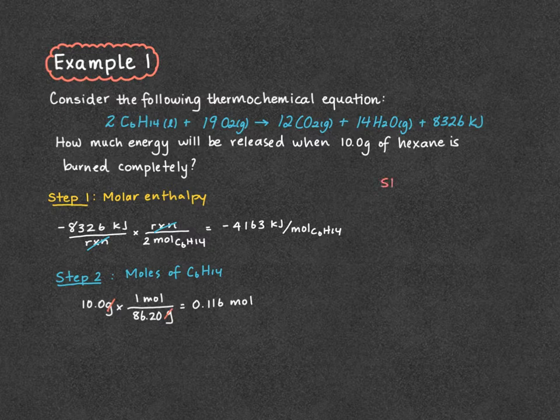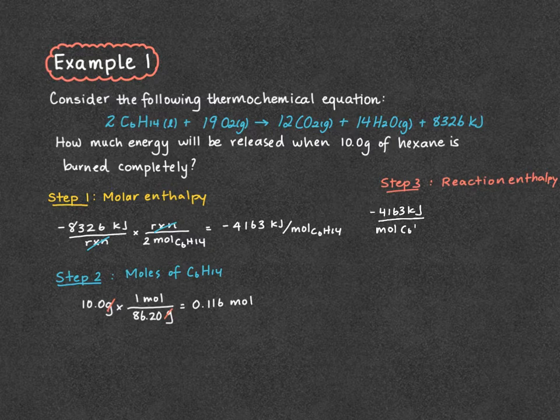And step 3 is to determine the reaction enthalpy. And we do this by multiplying our molar enthalpy by the number of moles. So we're going to take this negative 4,163 kilojoules per mole of hexane, and we're going to multiply it by the 0.116 moles of hexane that are actually present in our reaction.